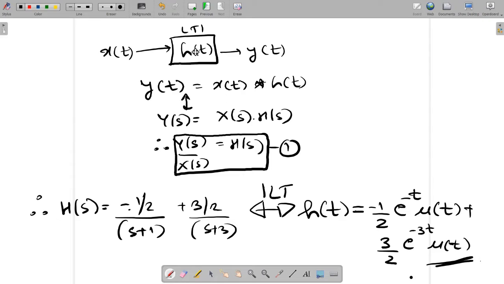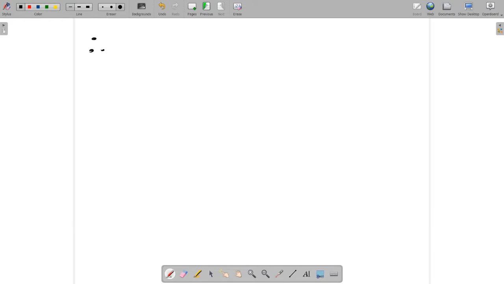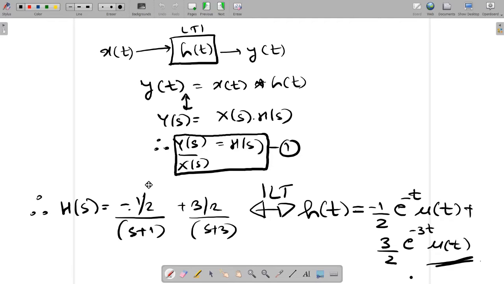Alright. So for the system, h of s is the Laplace transform of the impulse response. Therefore h of s is equal to s upon s plus 1 s plus 3, and h of t is what you have found earlier.